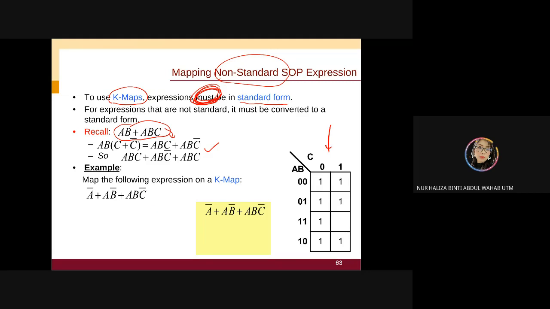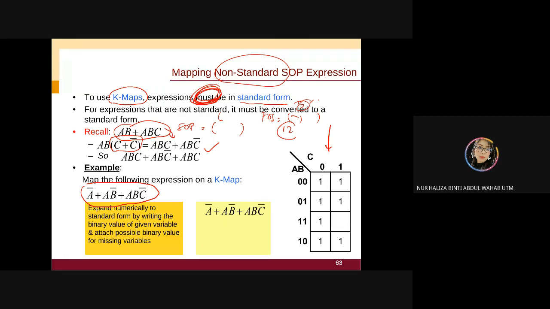So please make sure you know if SOP you're going to use rule number 6, multiplying with C plus C bar. If POS, you're going to use rule number 12 and rule number 5 or 8. I forgot, but you need to check back. So if you are given like this, you need to do the standardization first.